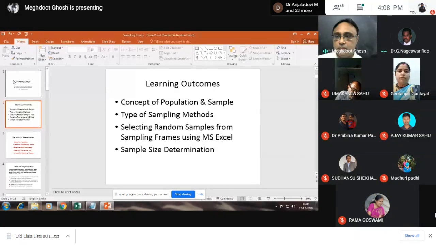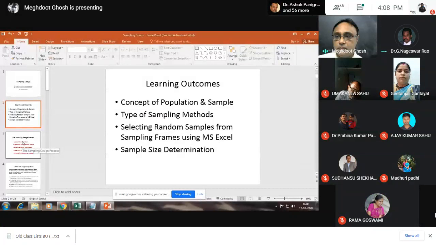Okay. Now we are coming to the process. So what are the sequences that we are going to follow while designing a sample? But before we go to that slide, let me make it very clear that sampling is a very, very important part of primary research.